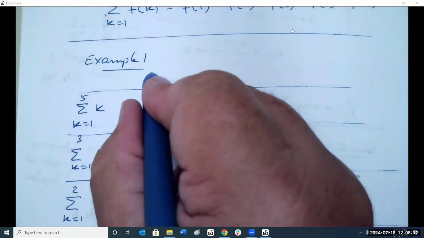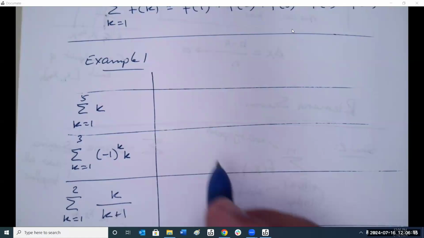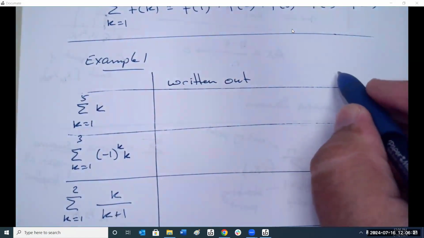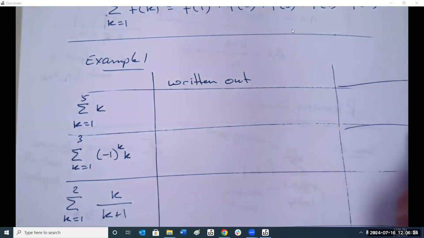Summation of k equals 1 to 2, k over k plus 1. And lastly, k equals 4 to 5. Written out, and the value.